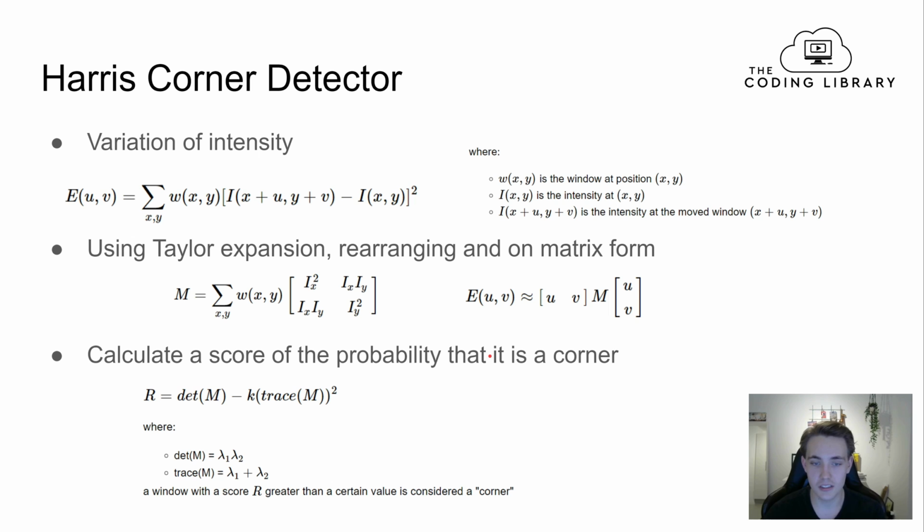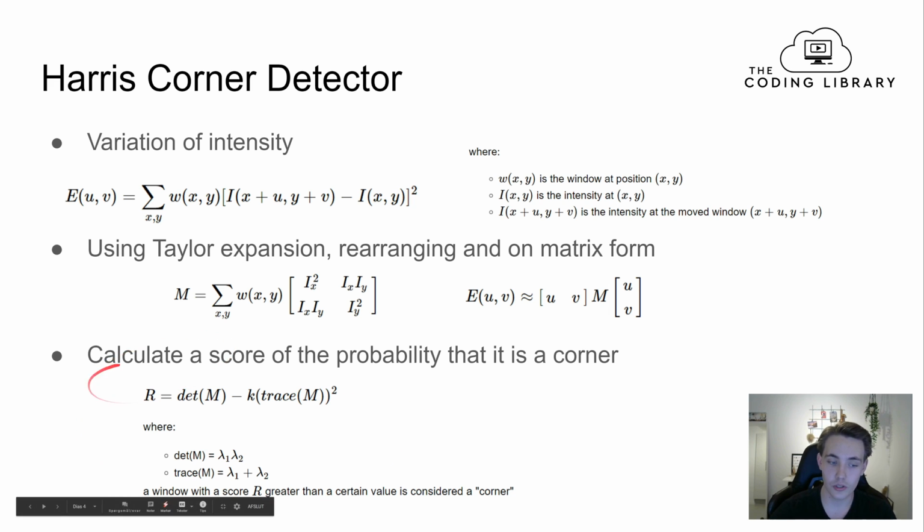And then when we have the variation of the intensity, we can calculate a score of the probability that it is a corner, and we can then make sure we get the corners that we're most certain are actually corners.